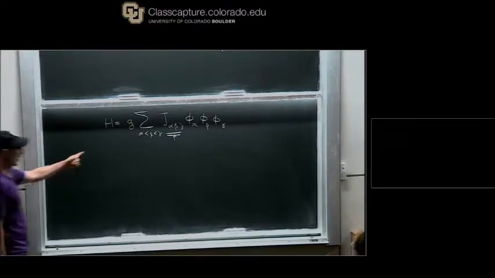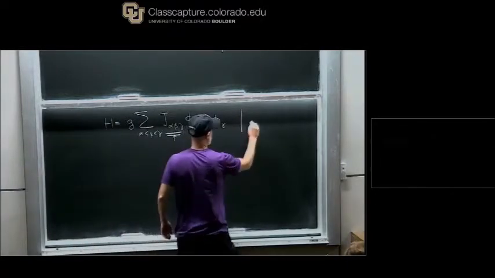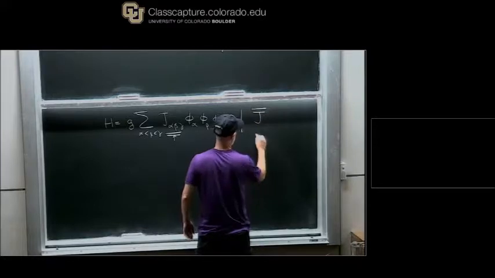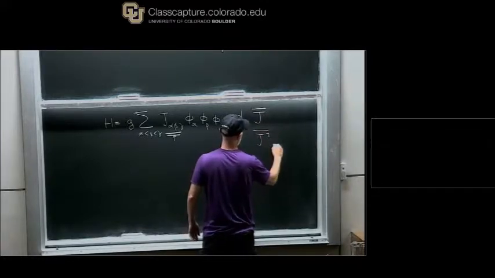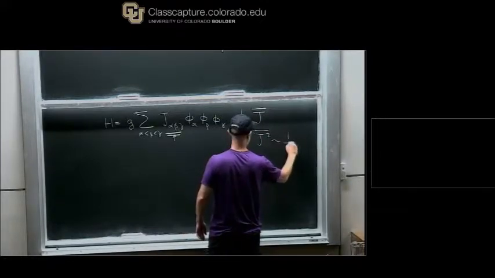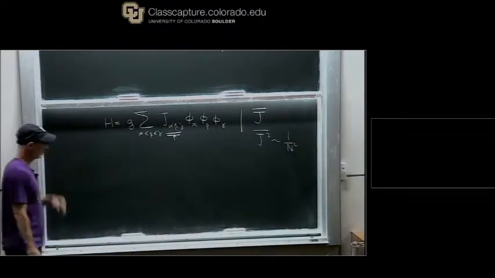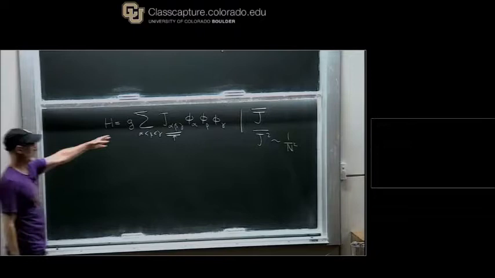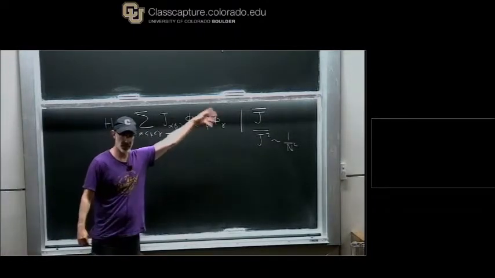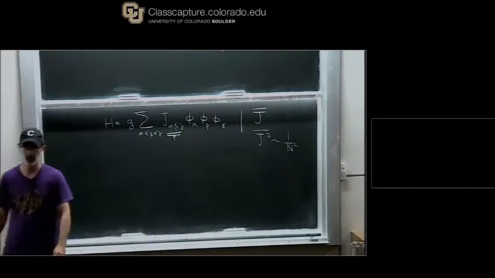The mean of J is 0, and the square of J is something like 1 over n squared, I guess. And you can generalize these to more than 3, 4, 5, 6, however many you want.